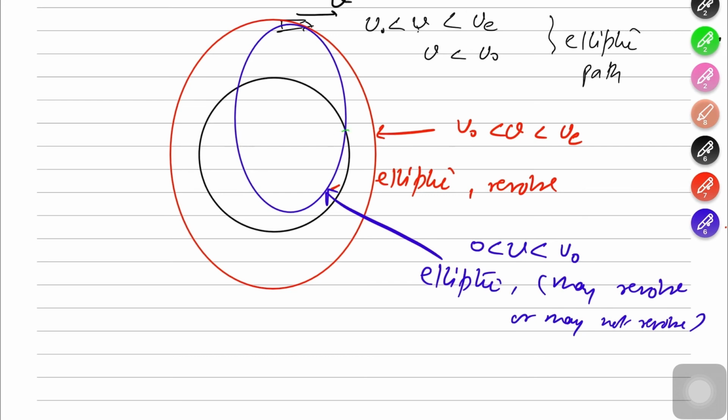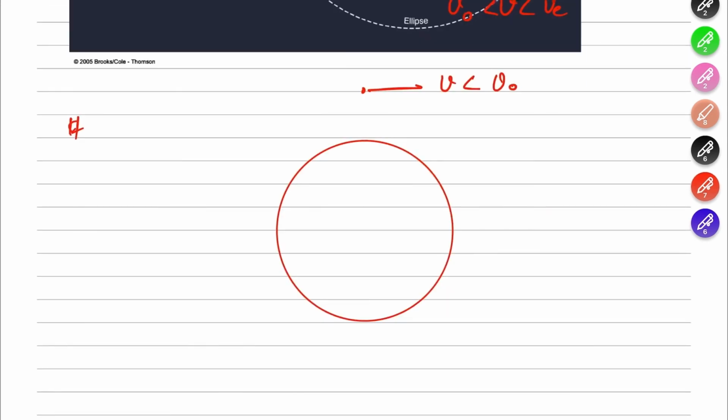If you look closely, at this point it has struck the earth. If there would have been no earth, it would have followed the elliptic path, but because there is earth, it will strike there and come to the earth. So the velocity less than the orbital velocity will follow the elliptic path, but sometimes it may intersect with the earth. Are you getting it?